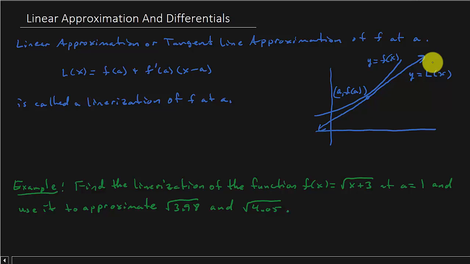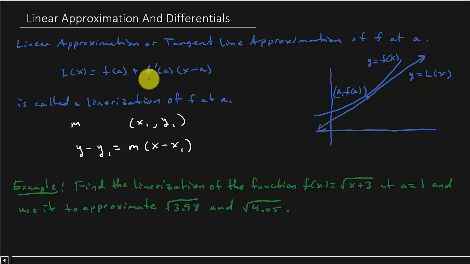Look, all this is an equation of a line. You did this in algebra. Remember, if you have a slope m and you have a point x1, y1, then you get y minus y1 equals m times x minus x1.